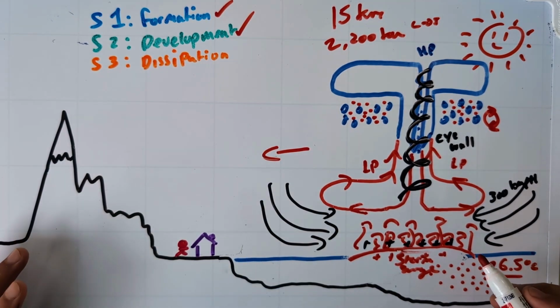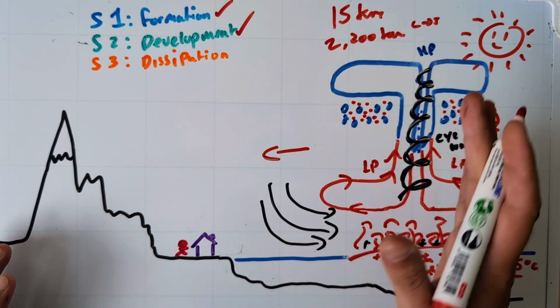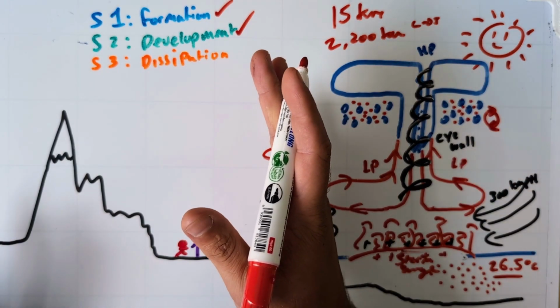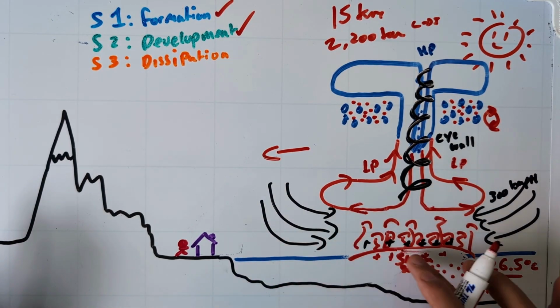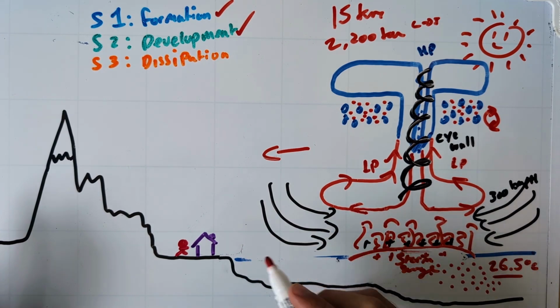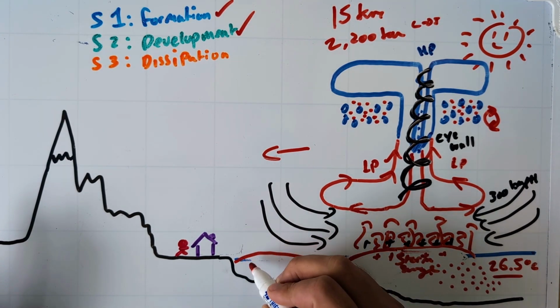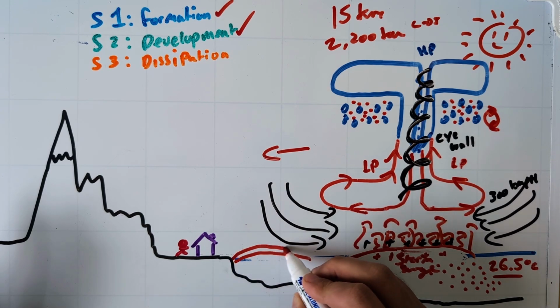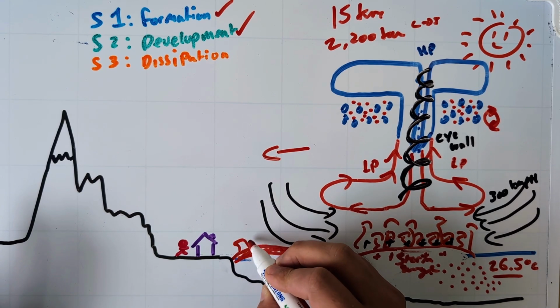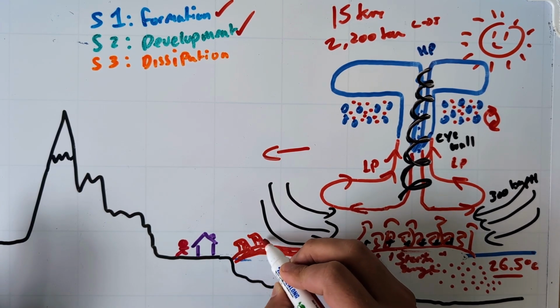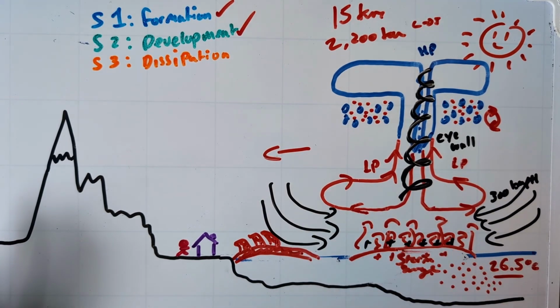In this one, as they travel inland, as they make land, the storm surge will follow. So the storm surge will follow, and as a result, we'll see an elevated sea level on our coastlines, linked to the huge waves that we would expect.